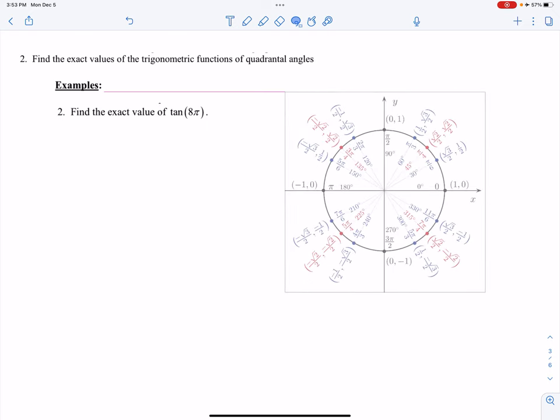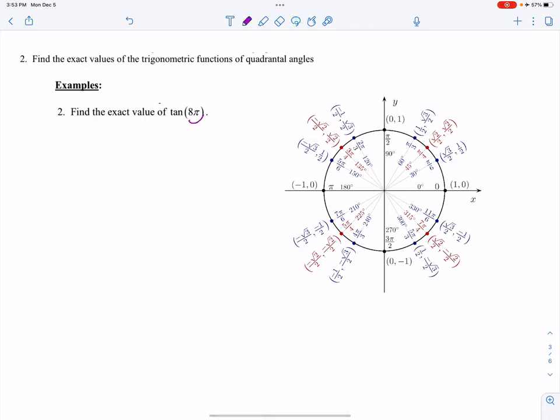There we go. We're looking at 8 pi. That's where we want to be. So here we see we have a pi.